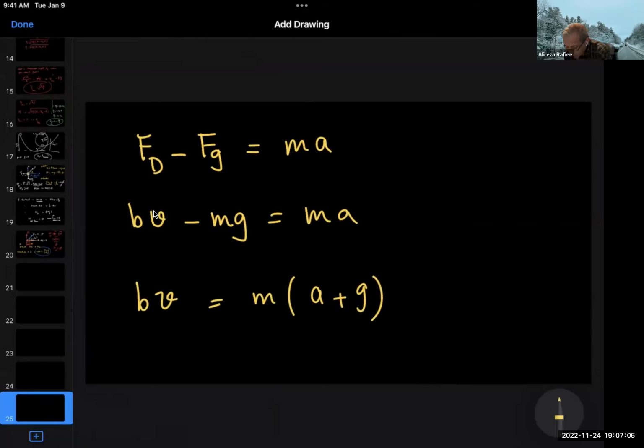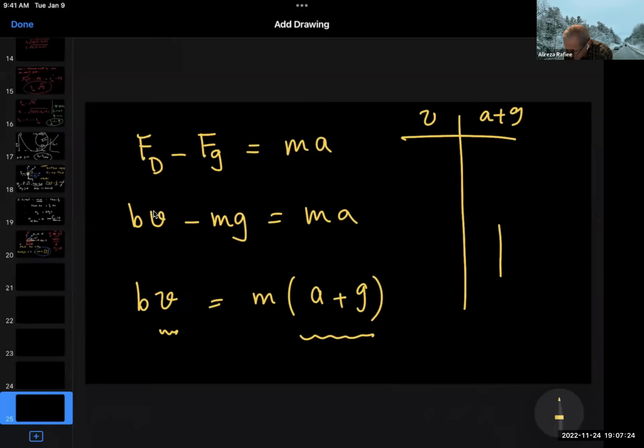So if you are measuring the acceleration, that means you're measuring this quantity. And if you're measuring the velocity, that means you're measuring this quantity, right? And so you will have data, a table, which is technically velocity versus a plus g. If you plot them against each other, velocity versus a plus g, what do you get?